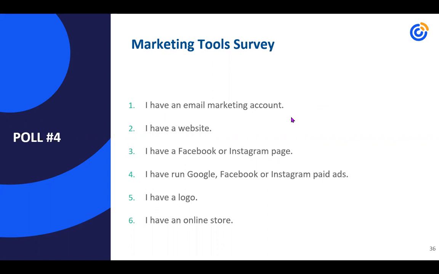And then Facebook, Google, Facebook, Instagram paid ads. Have a logo. Online store. And a few are using email marketing. Must be a different email marketing because I asked the question about Constant Contact. All right. Thank you for that. And close that.